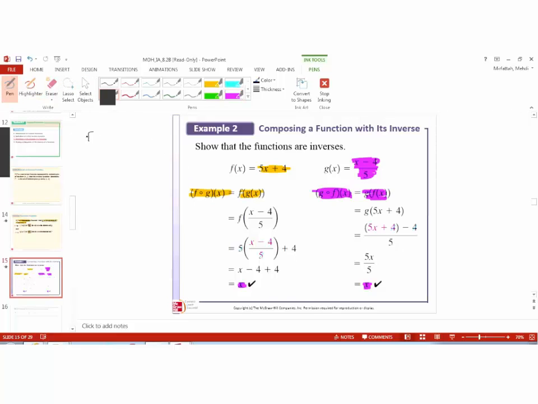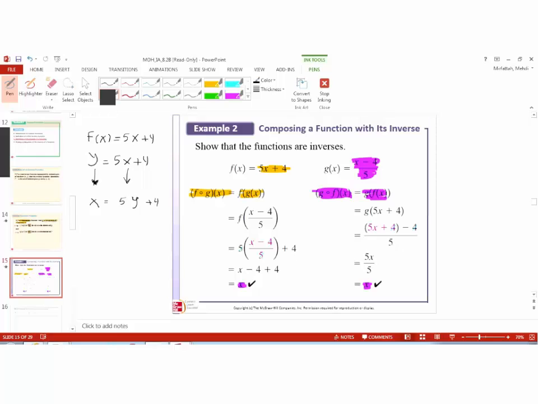Now let's take a look at how to find the inverse function. If f of x is equal to 5x plus 4, or we can call it y equals 5x plus 4, to find the inverse of this function there are two steps involved. Step number one is you replace x with y and y with x. That's what you do first. Everywhere you see y, you replace it with x, and everywhere you see x, you replace it with y.